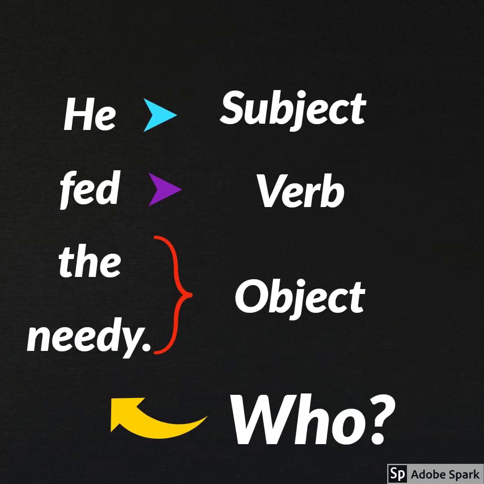Fed is the verb. And who was fed? The needy. So the needy here becomes the object and answers the question who. Okay. So again the verb fed becomes a transitive verb here.